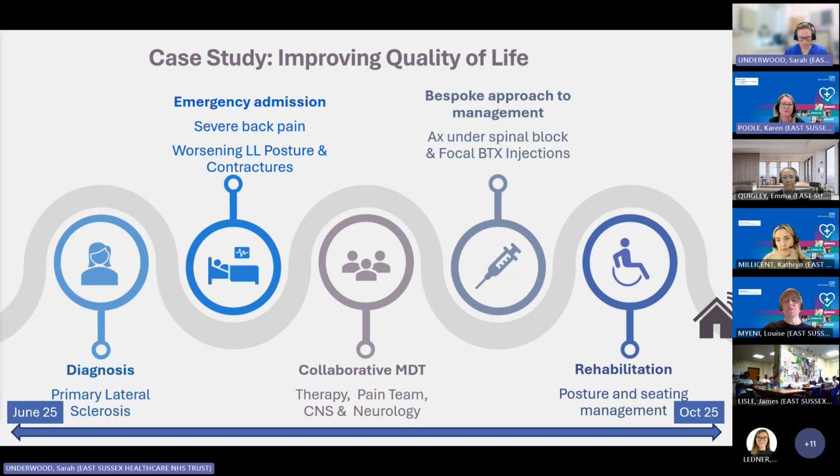In view of the significant postural complexity related to this lady's spasticity and potential contracture, the Spasticity MDT, so myself, Emma, Louise and Sarah, were asked to come and review this patient. We didn't all go en masse, it was just a reach out to us. Our findings were of a complex interrelated picture of pain and spasticity, but as we went back through her history, she also had some long-standing musculoskeletal impacts, which could also be driving her posture.